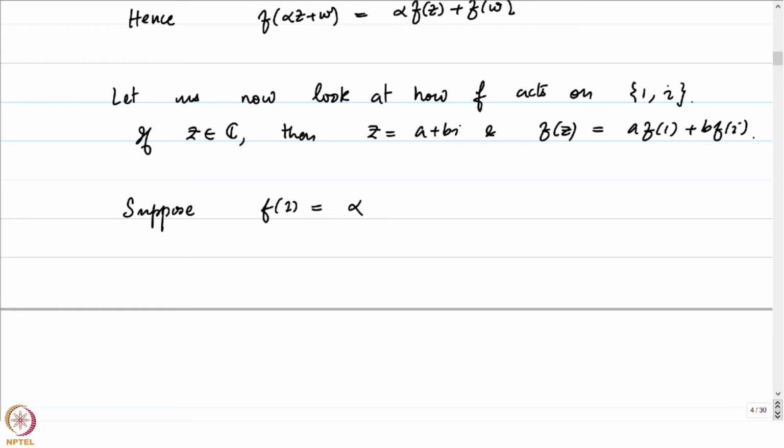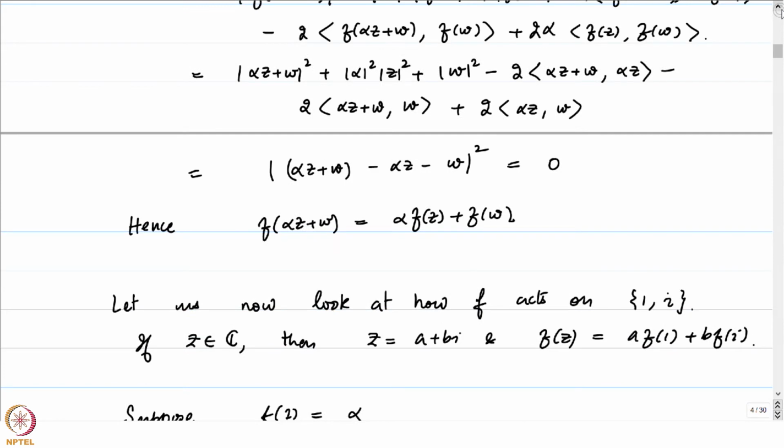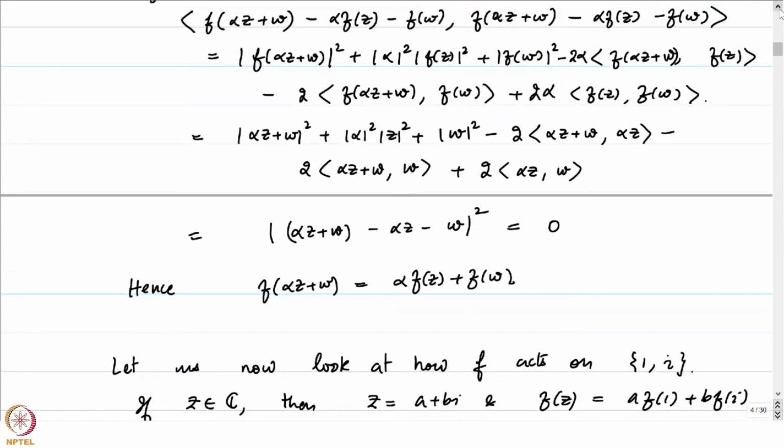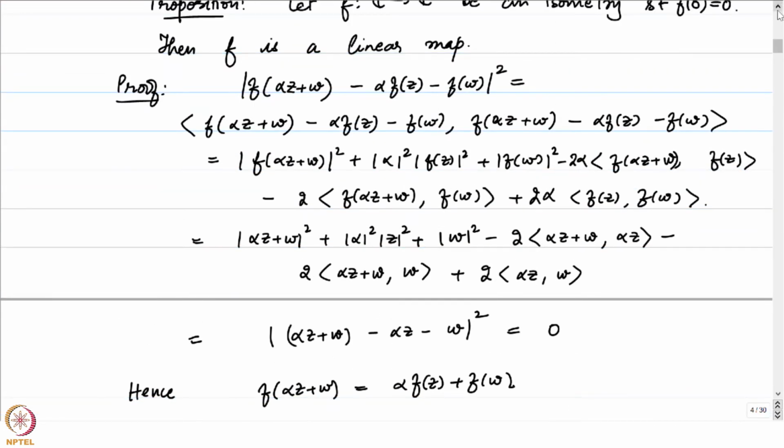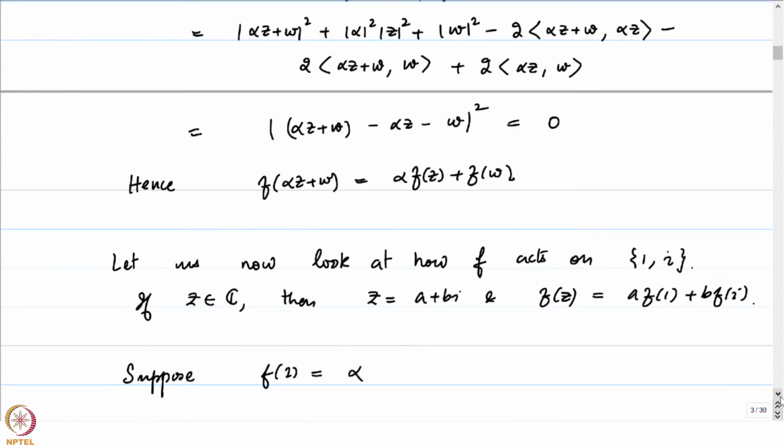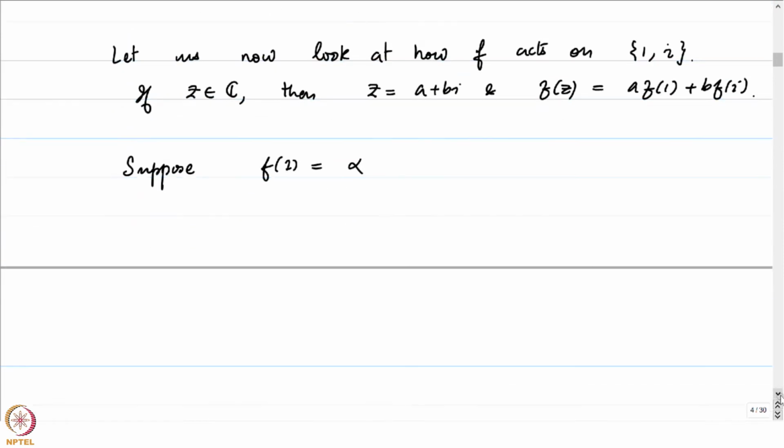I am using alpha too many times. In the proof, alpha was in R, but do not confuse that with what follows. This alpha is a complex number. It could be a complex number which is not a real number.